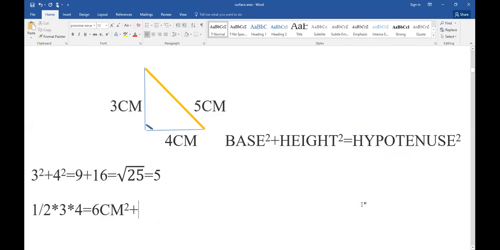Plus 4 times 5, which I'm very sure is 20, equals 20 centimeters squared. So we now add 6 centimeters squared plus 20 centimeters squared, and definitely we are going to have the answer, 26 centimeters squared.